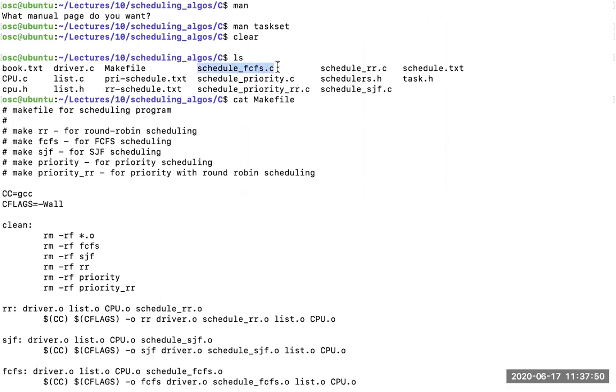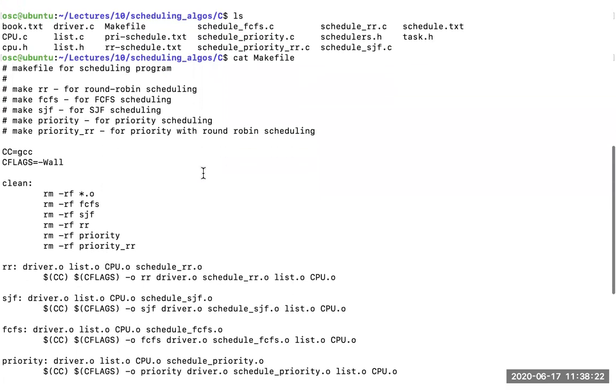There is FCFS, first come first serve scheduling, then round robin, then priority scheduling, then priority round robin, and the last is shortest job first. So these are five scheduling algorithms. We will see how they respond.